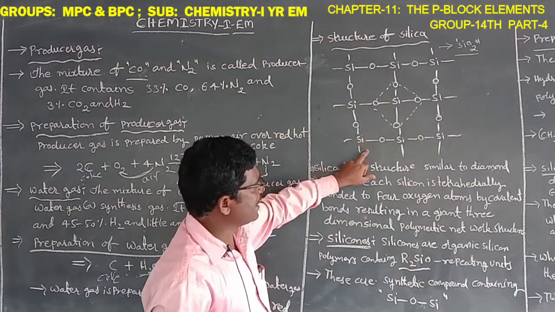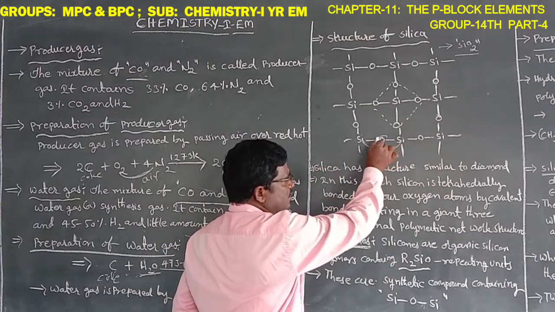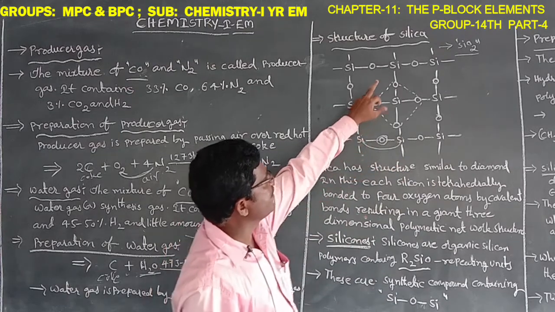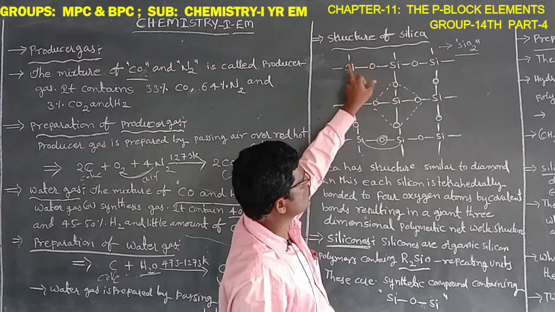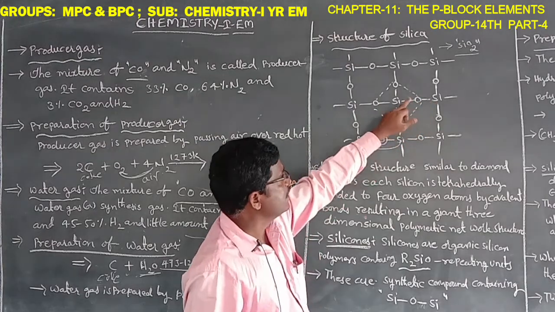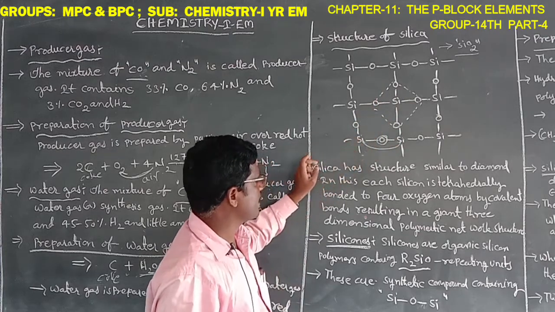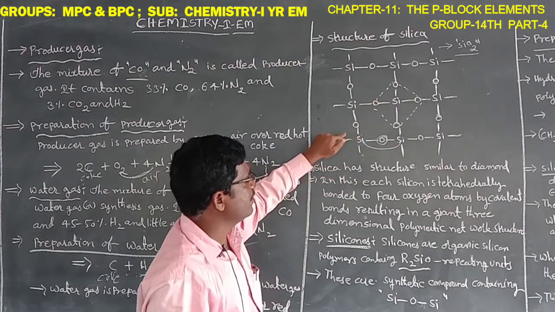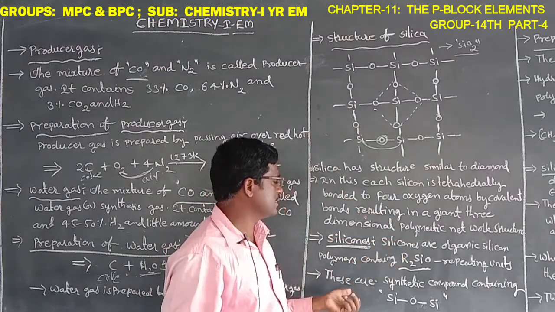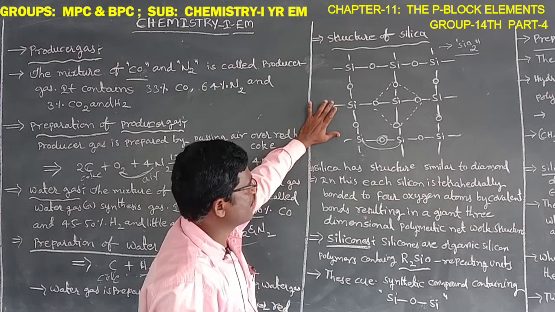In the silica structure, each oxygen atom bonds with 2 silicon atoms, while each silicon atom bonds with 4 oxygen atoms to form tetrahedral covalent bonds, resulting in a 3-dimensional polymeric structure.